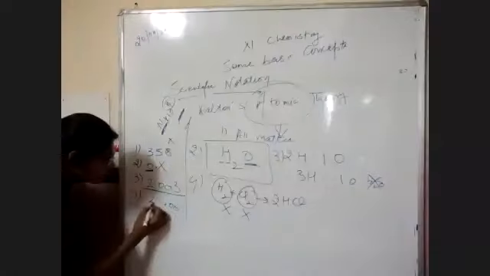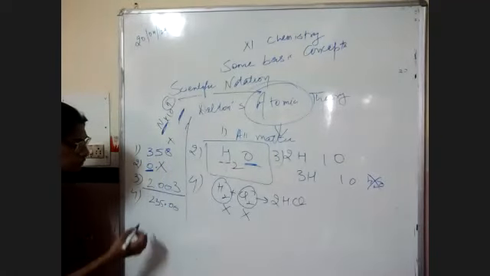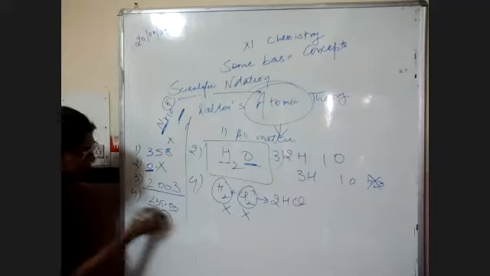So if we have 235.00, there would be five significant figures.